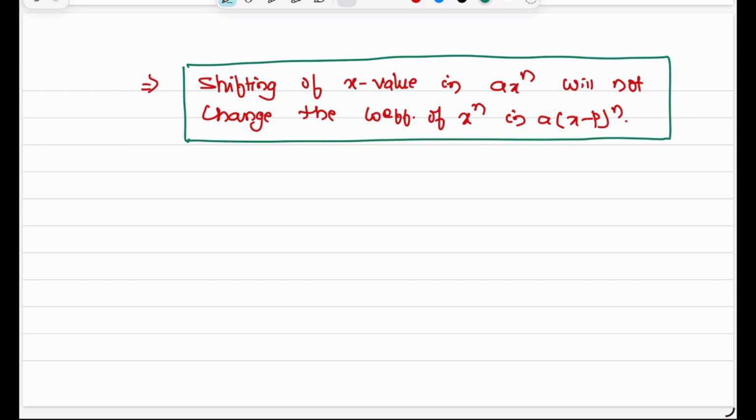Some question was asked in JEE Advanced 2025 on this concept.